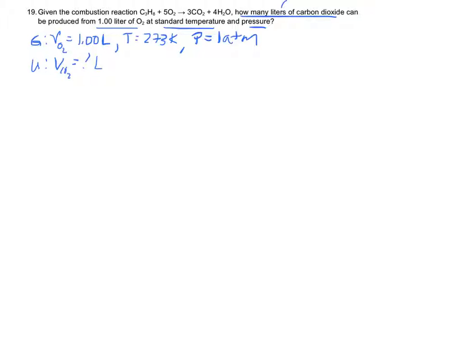in liters. Okay, now before we can get that, we are going to also have to find the number of moles of O2, and we're going to have to find our number of moles of CO2 so that we can convert, which we can do in one step in the conversion problem.